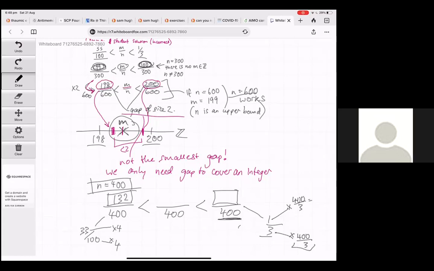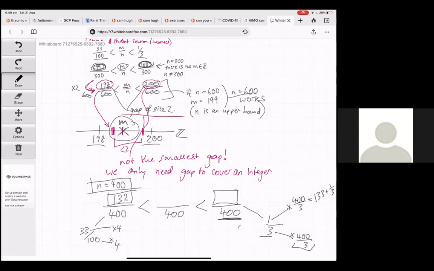I'm going to turn this into a mixed numeral so that we can see exactly what's happening with whole numbers and stuff. So basically this is going to be 133 plus 1/3. And how did I get that?